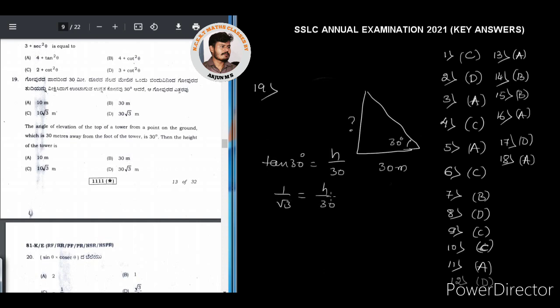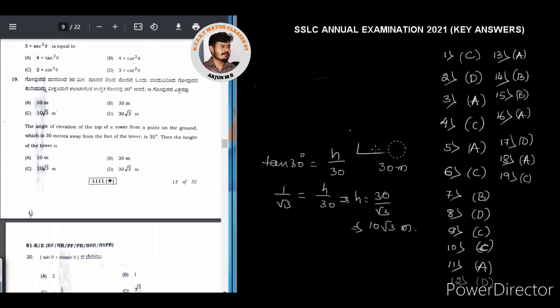So then cross multiply, we get h is equal to 30 by root 3. So rationalize the denominator, we get 10 root 3 meter is the answer. So 10 root 3 is in option C. That's why the answer for 19th question is option C. So take down 20th question.